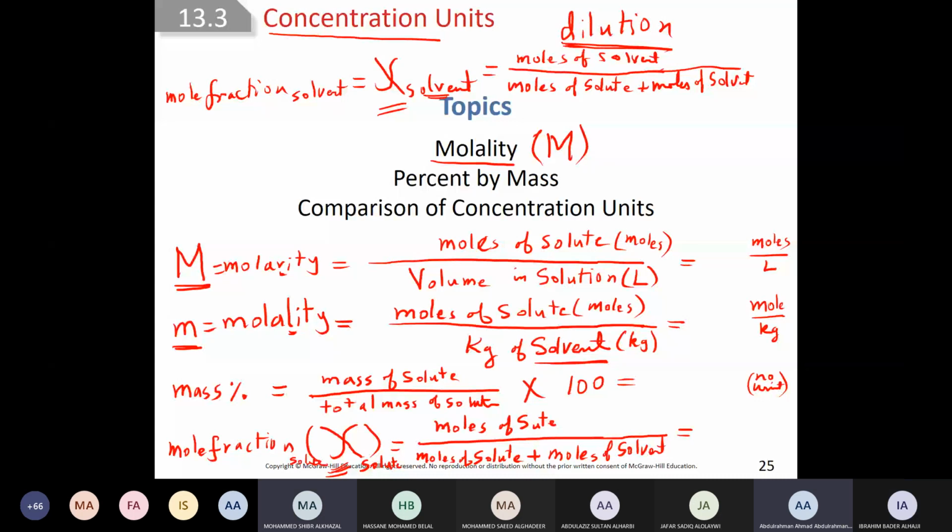Less than 1. I want to ask another question. What's X solute plus X solvent? Equal 1. Exactly. You have to keep this also in mind.